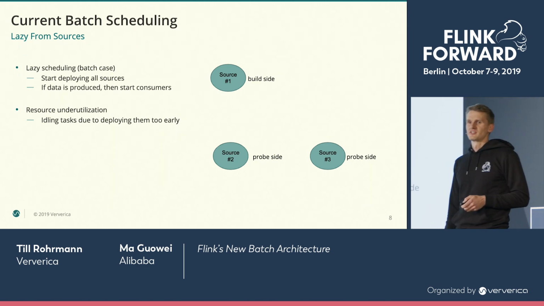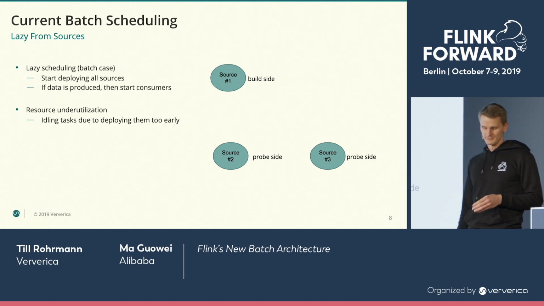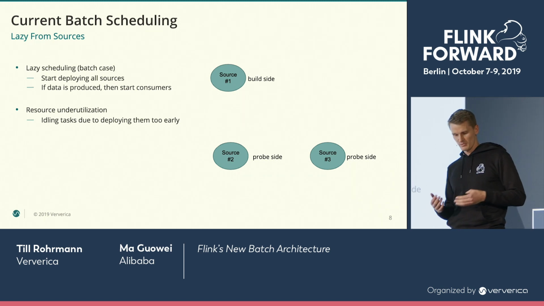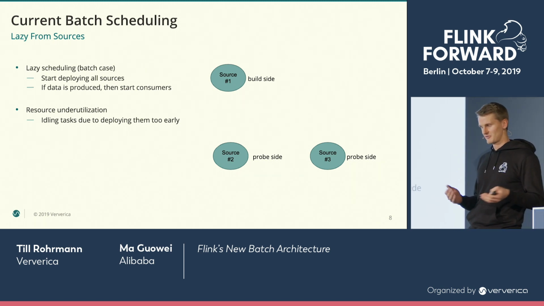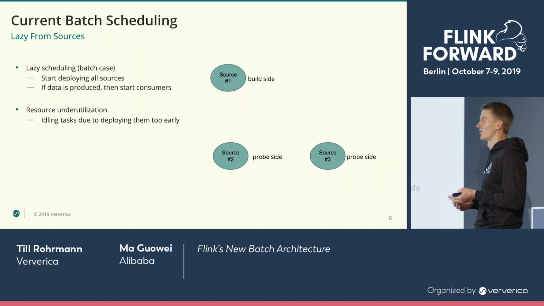When you submit a batch job or a dataset job, Flink uses the so-called lazy from sources scheduling strategy. The way the scheduling strategy works is best summed up here. So Flink receives the job graph, it generates the execution graph, and the first thing the strategy does is it will deploy all available sources, which we see here.